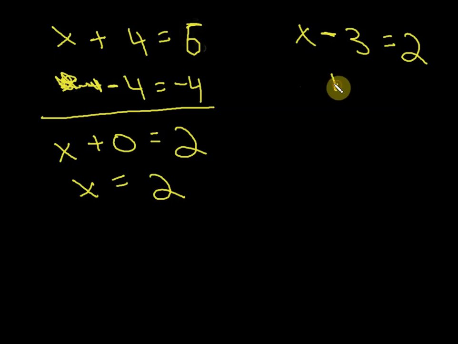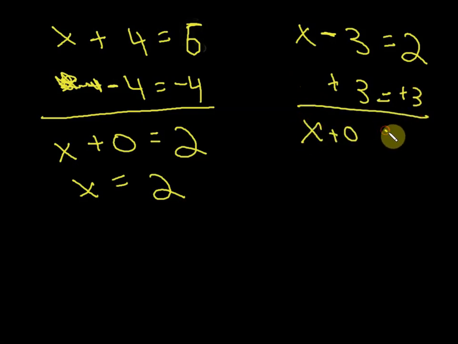So let's see that I don't mess this up. So plus 3, okay, equals plus 3. So x plus 0 equals 5. X equals 5. Now, what always confuses students, I notice, is when we deal with one variable, we're always dealing with x.